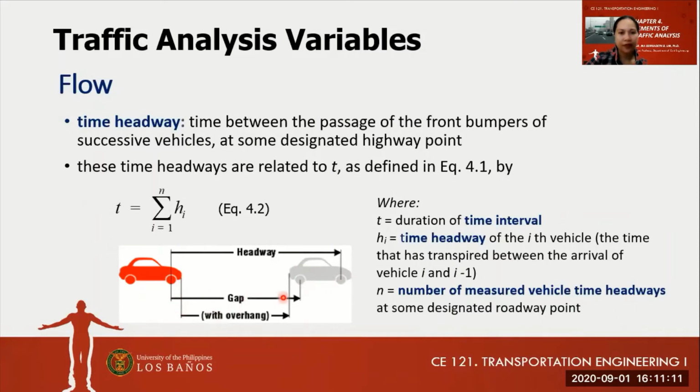And these are their gaps, and these are the overhang. These time headways are related to T as defined in the equation 4.1 a while ago by this equation. T is the summation of the headway from the first vehicle up to the certain number of vehicles on a highway.